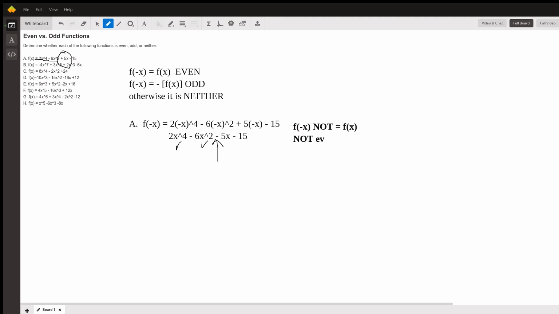So this is not even, but it doesn't mean it's odd. If it was odd, then it would equal negative f of x, but negative f of x would be negative 2x raised to the fourth plus 6x squared minus 5x plus 15. And it certainly doesn't equal this.